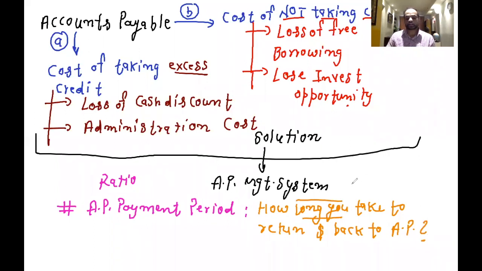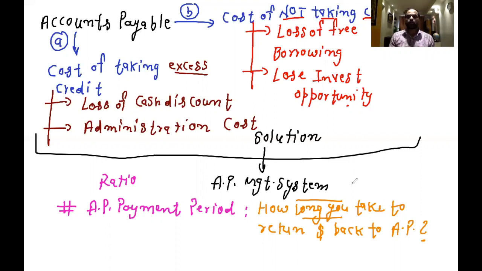If you are taking enough time, that's a good gesture for accounts payables and there are no issues. But if you are taking too much time, next time the accounts payable may not feel comfortable selling you product on credit. That person will prefer only cash, and then maybe the cost of not taking credit will increase. So by tracking your payment period to your accounts payable, we can manage our accounts payable.